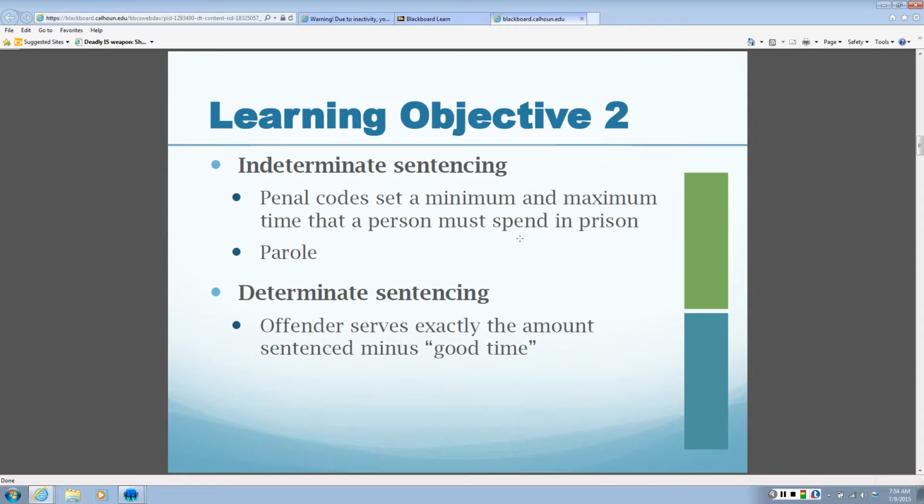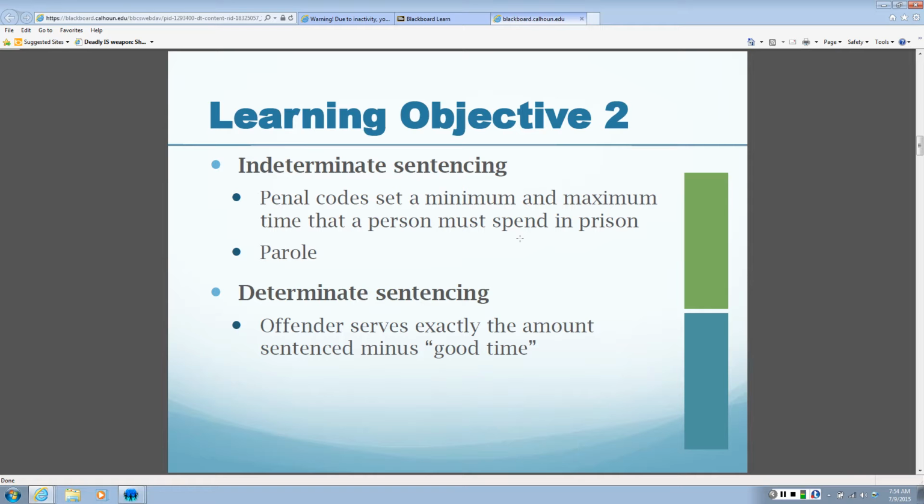And what good time is, a lot of states that use determinate sentencing will give you 2 for 1 good time, and that means for every 1 day that you serve and behave well, you get 2 days taken off of your sentence. Now that's a real good deal, actually. So theoretically you could go into prison with a 10-year sentence, and if you behave well during that first 5 years, you would be eligible for parole with half of your sentence done.